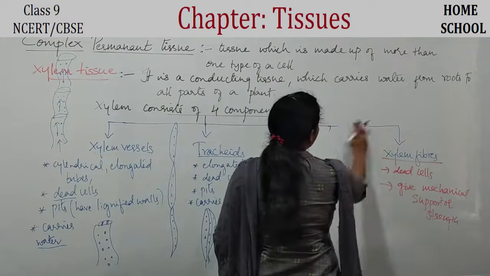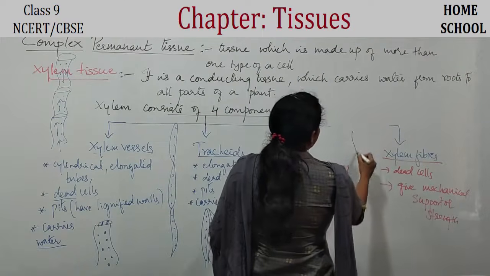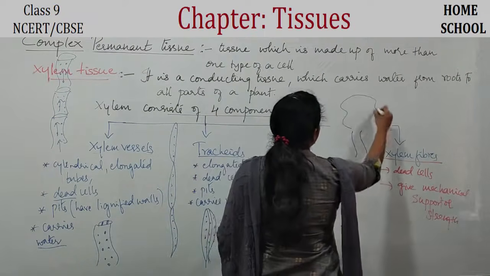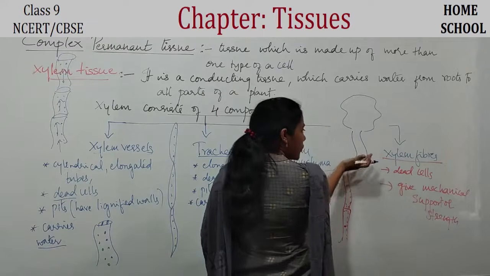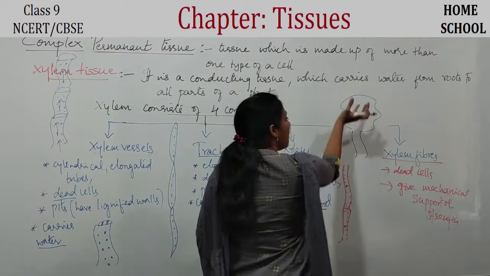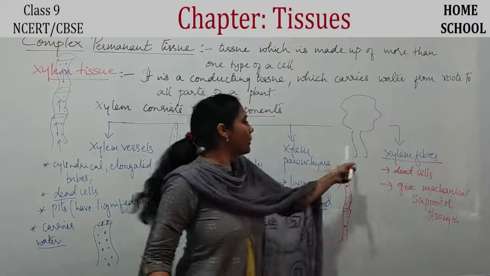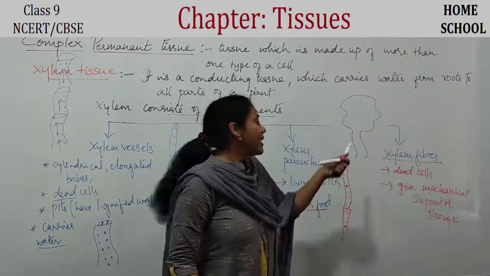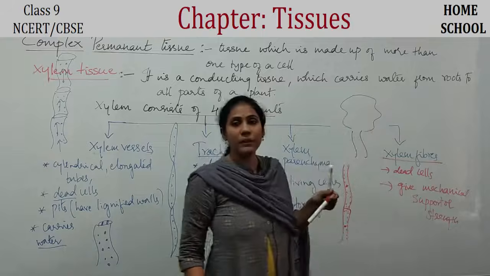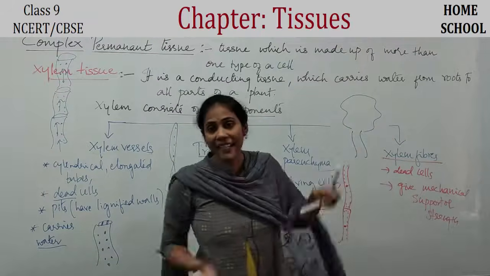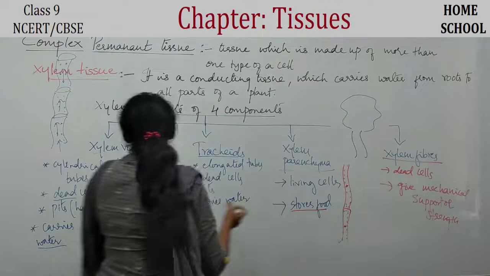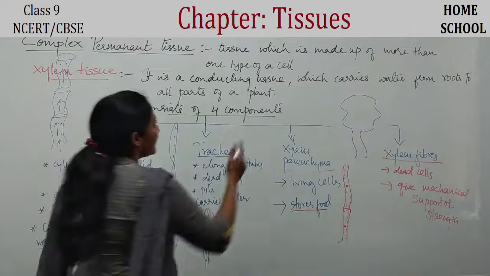Say for example, this is your tree. Say xylem tissue is the one which has to pass the water from one place to another place, say from bottom to top. Say it can carry the water in only one direction. So remember this point, this is very important.